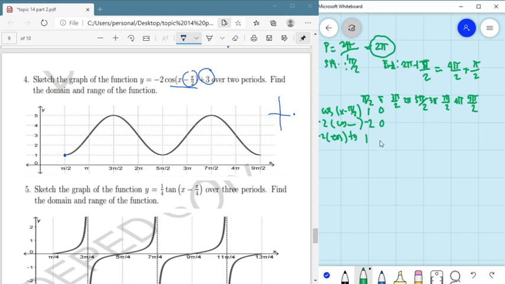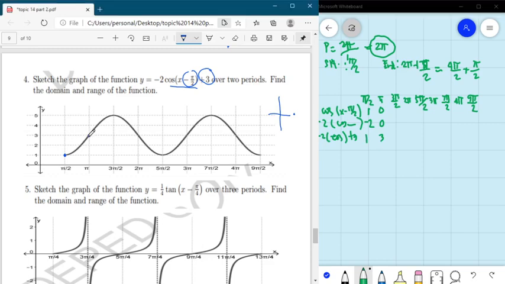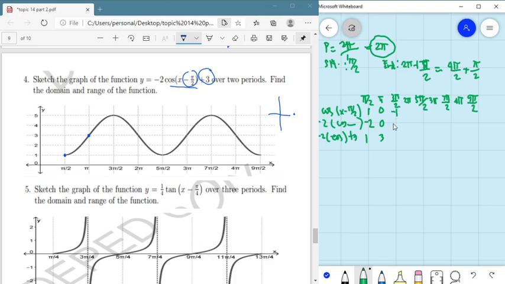Times negative 2 is 0, plus 3 is 3. So, it is 3 here. Okay, next, 3 pi over 2. 3 pi over 2 minus pi over 2 is 2 pi over 2 or pi. So, cosine of pi is negative 1. Times negative 2 is positive 2. Plus 3 is 5.